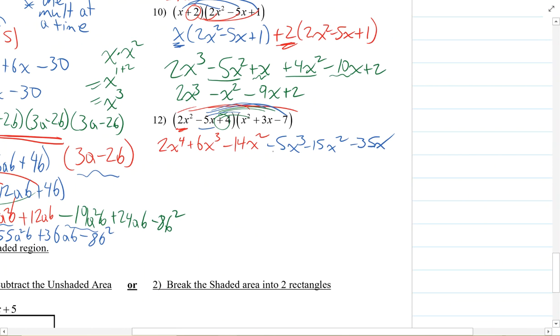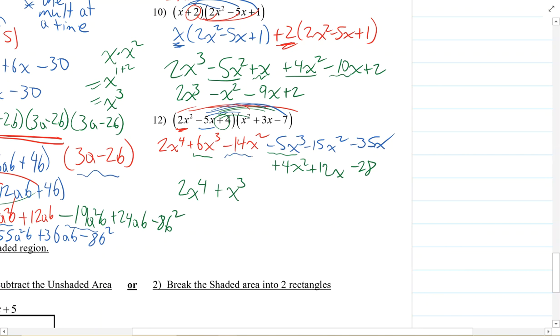I wish I could extend it, but I can't. So plus 4x squared plus 12x minus 28. Collect like terms. There's only one x^4, x cubed. So 6 minus 5 is 1. So plus 1x cubed. I don't have to write the 1.